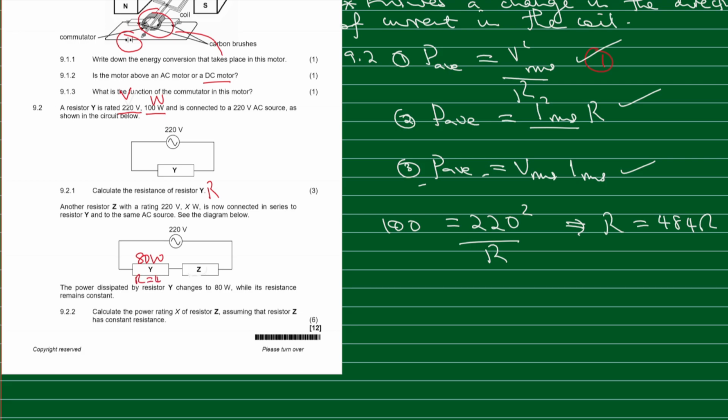Our resistance is 484. So let's calculate the V here. What is the potential difference at Y?